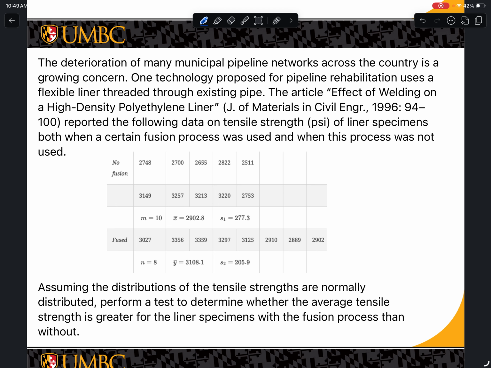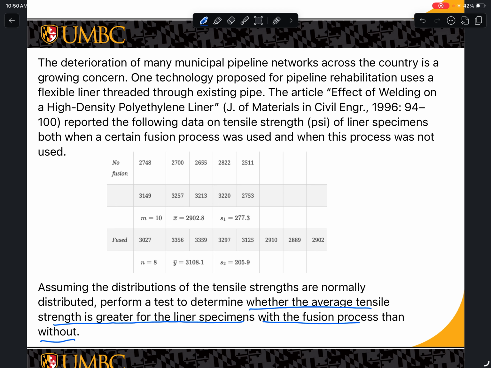So we have a sample of liners that had the fusion process, and a sample that did not have the fusion process. And we are interested in knowing, it says, assuming the distributions of the tensile strengths are normally distributed, perform a test to determine whether the average tensile strength is greater for the liner specimens with the fusion process than without. That's what we're trying to figure out here.